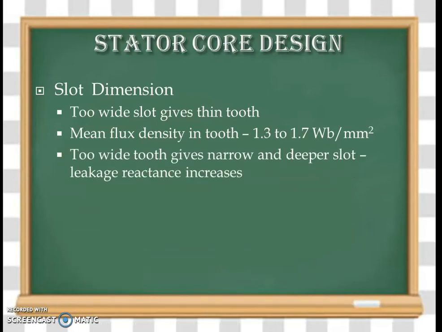Then, too wide a tooth. Now, if the cross-section area or width of the tooth is too large, then it results in a narrow and deeper slot. In case of a narrow and deeper slot, leakage reactance increases. If leakage reactance increases, then we have less diameter of the circle diagram and eventually overload capacity of the machine decreases.